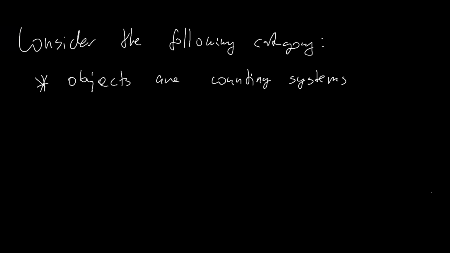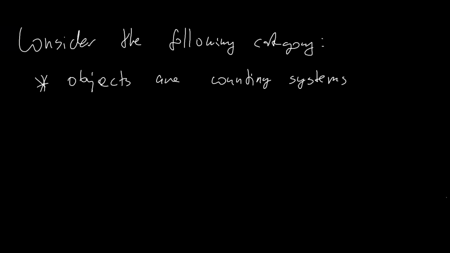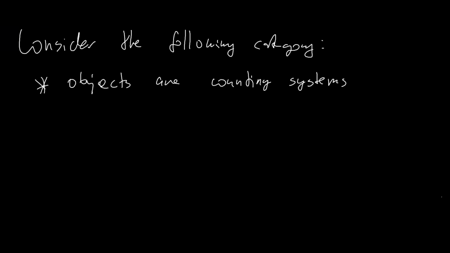But we will now see that definition of recursion is actually stating that something is an initial object. Of course, he didn't have the language to state that. This was later observed in this language by William Lawvere, who is a prominent category theorist. He developed many fundamental ideas of the subject. So objects are counting systems.